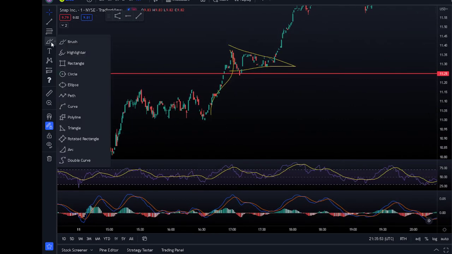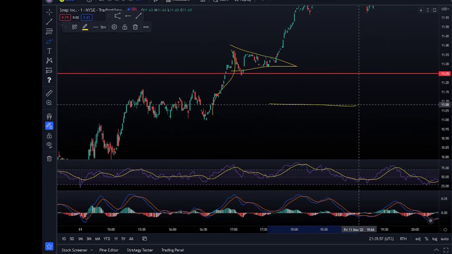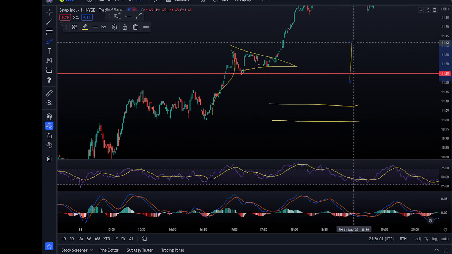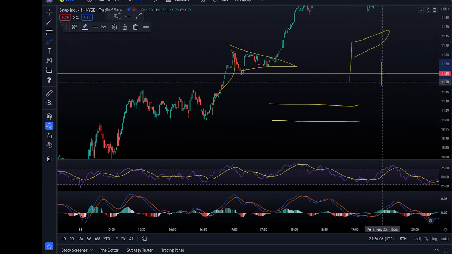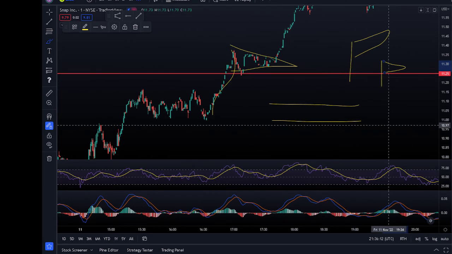I can't go through all of them; it'd take all night. You can have a sideways consolidating channel, you can have multiple different flags, you can have pennants, you can have all kinds of different items.